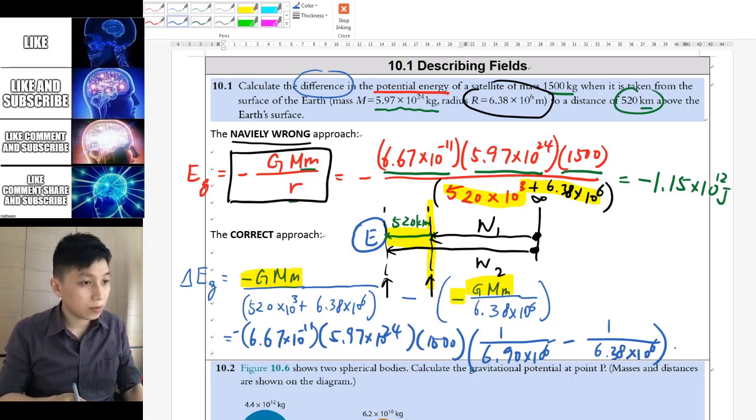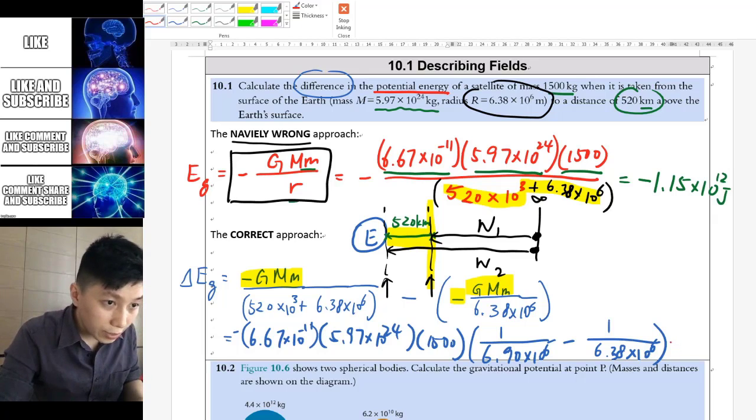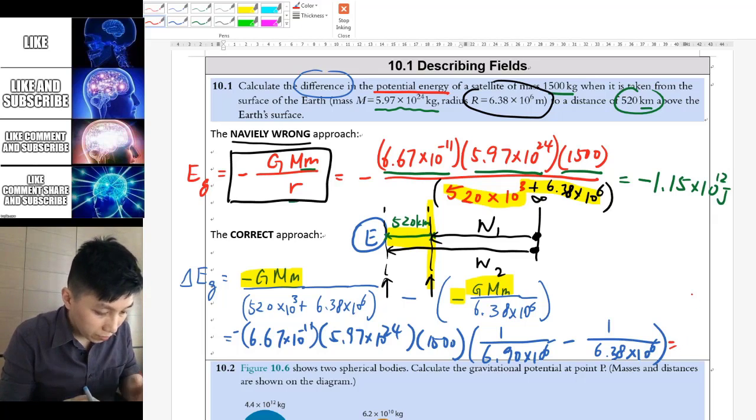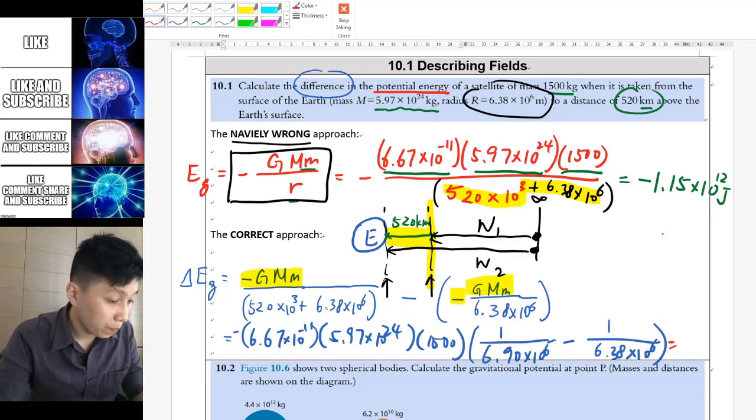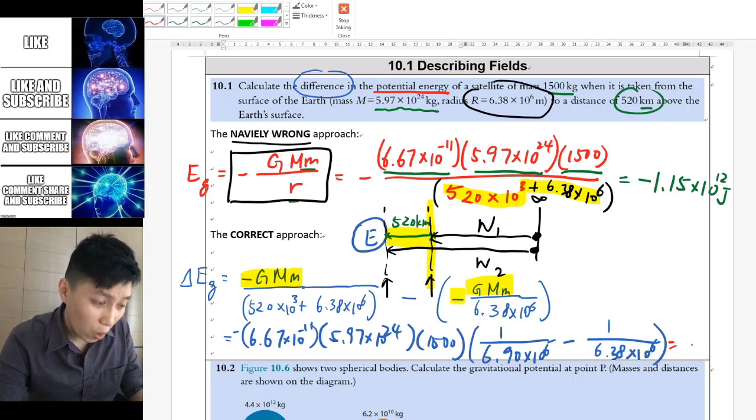The answer that you get should be something like negative 7055454545. I forgot to multiply by the negative, so the answer will be positive. I can express it as 7.06 times 10 to the power of 9 joules.